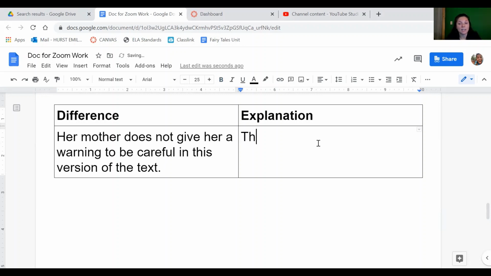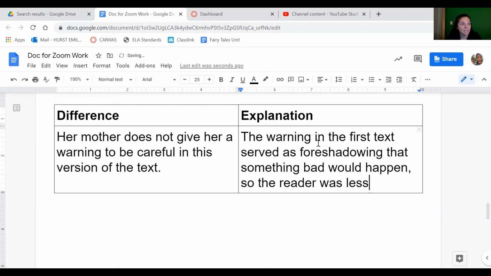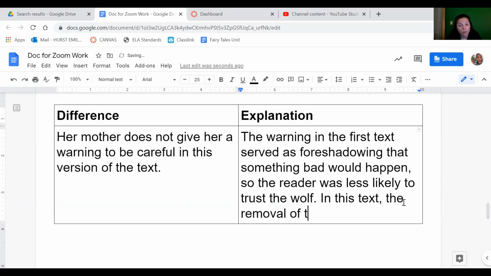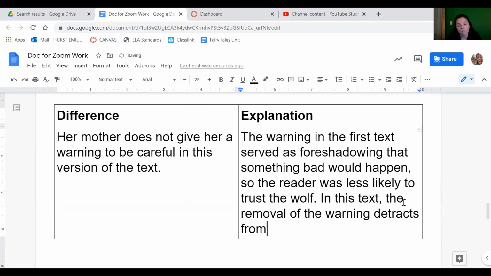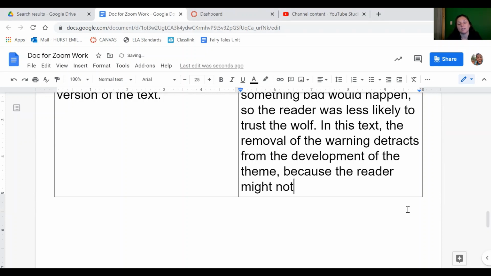So I think the warning in the first text served as foreshadowing that something bad would happen. So the reader was less likely to trust the wolf. In this text, I spell wolf wrong every time. In this text, the removal of the warning detracts from the development of the theme because the reader might not be thinking we should be cautious of the wolf.